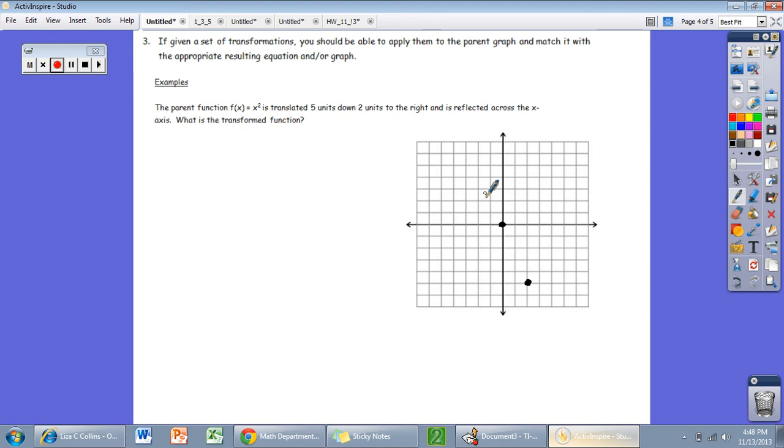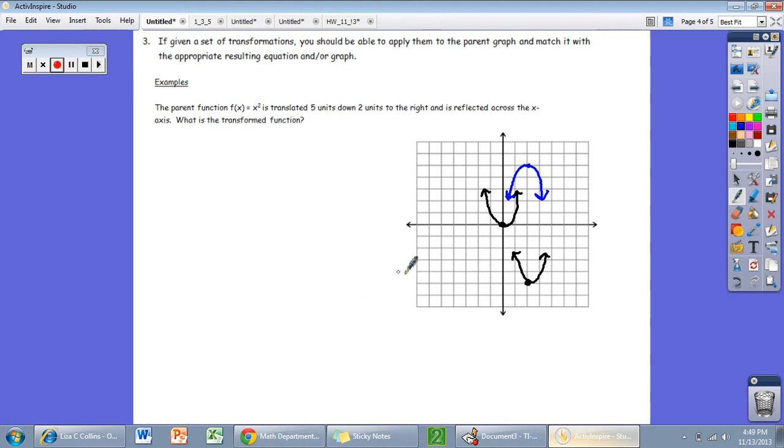So we would start here, then we move here. But then we're going to reflect across the x-axis, and I'll switch colors for this. Now I'm here, and now I'm going to be facing down. That's the whole idea. So what is the transformed function?